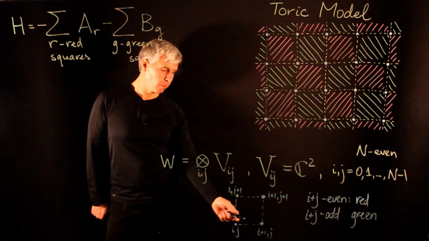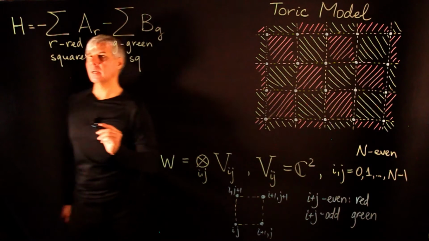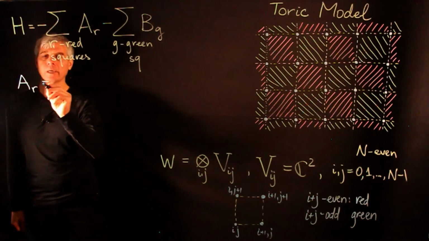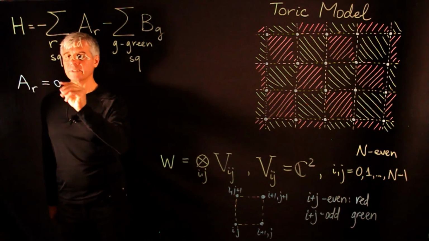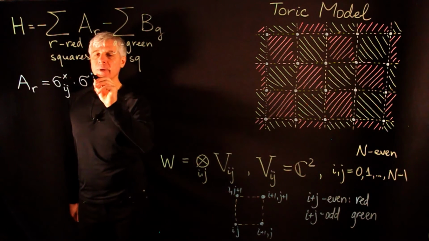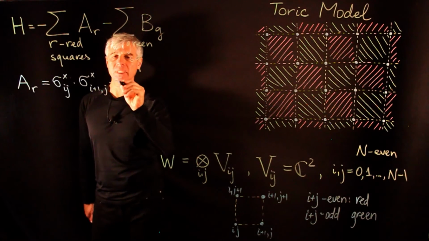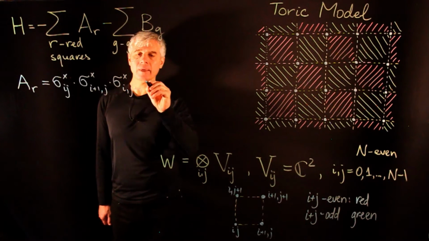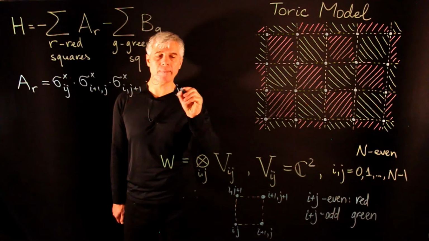If we have a square with the bottom left corner marked as vertex ij, then operator A_R for this square is the product of Pauli matrices: sigma x at location ij times sigma x at location i+1 j times sigma x at location i j+1 and sigma x at location i+1 j+1.